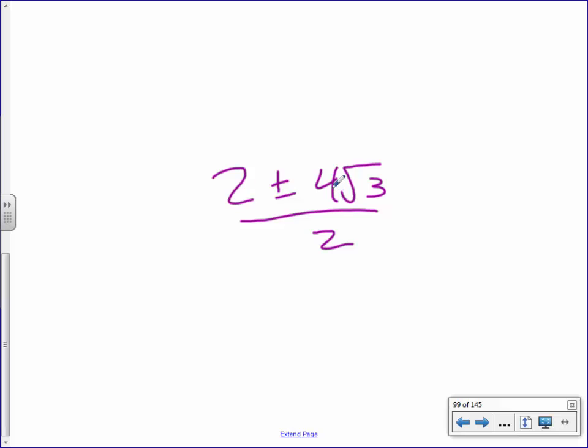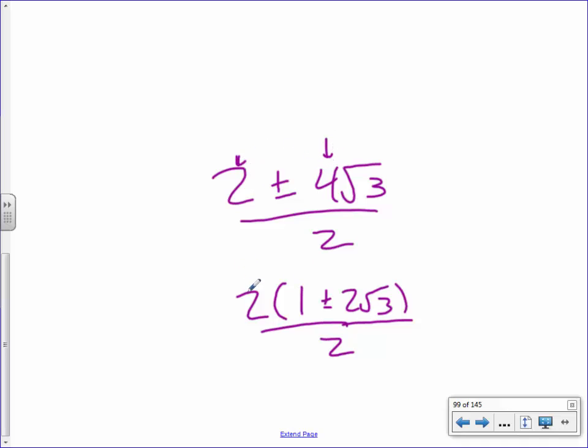They have a 2 in common. And what we're essentially doing is we're factoring out a 2, leaving you with a 1 plus 2 root 3 all over 2. Does that make sense how this guy has a 2 and this guy has a 2? Factor out the 2, and then this 2 and this 2 can cancel. Does that make sense?